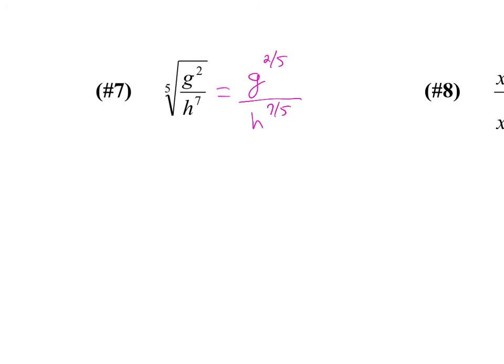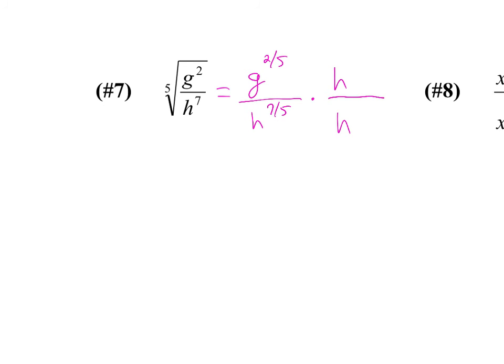Okay? All right, now this is a little tricky because what we need to do is rationalize the denominator. We cannot have any roots in the denominator for these kind of problems. I believe I talked about it in the last video, but the way we do that is we need to multiply top and bottom by h to the something that will make it a nice exponent without any roots on the bottom here, okay?